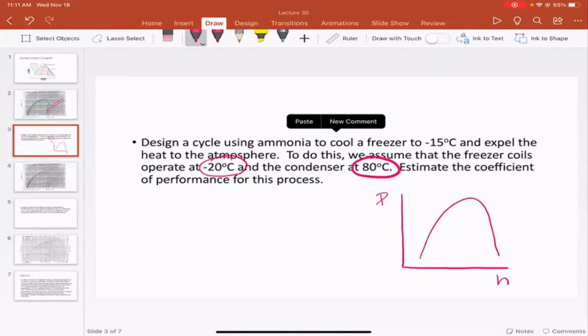And we know that state A is here, and it's the saturated vapor at our lower temperature, so that's at minus 20 degrees C. And then here we're going to be at state C, which is at 80 degrees C. And because they're saturated, we'll know what the pressures are because we'll be at minus 20 degrees C and whatever Psat is at minus 20. And here we'll be at Psat at 80. And then we will find all the rest of these points, right? So that's A, B, C, and D.